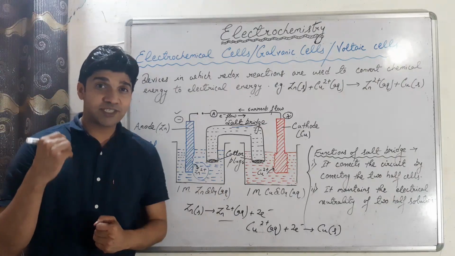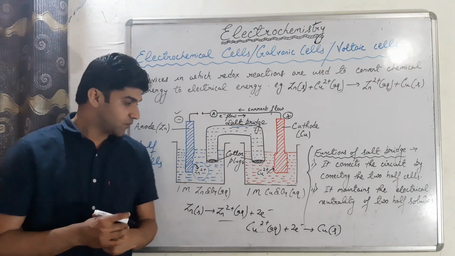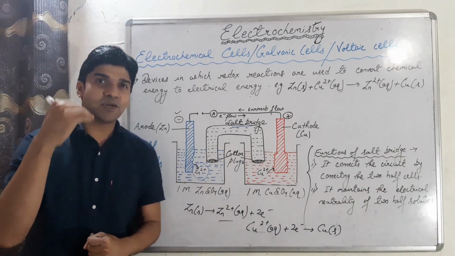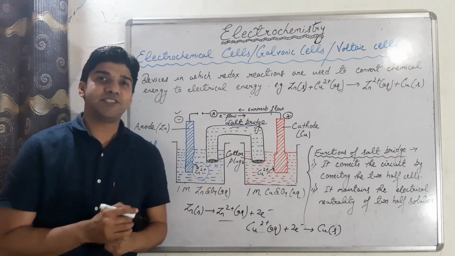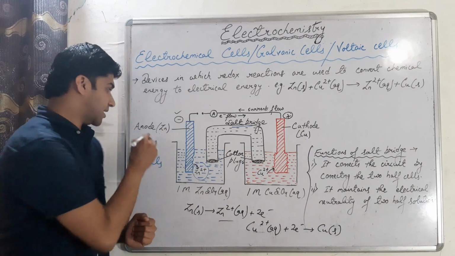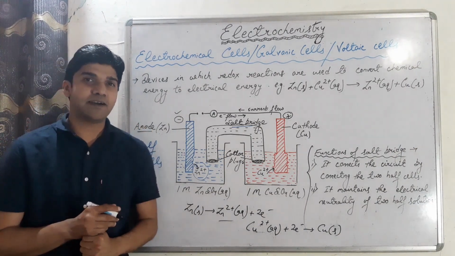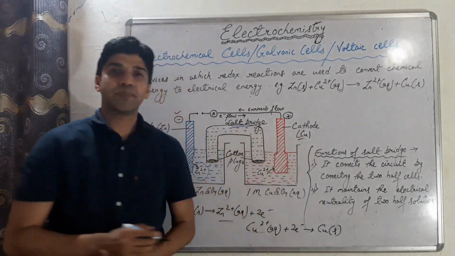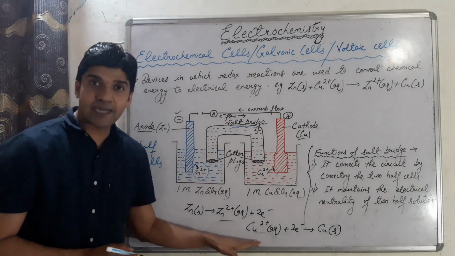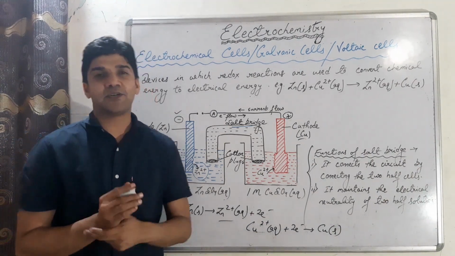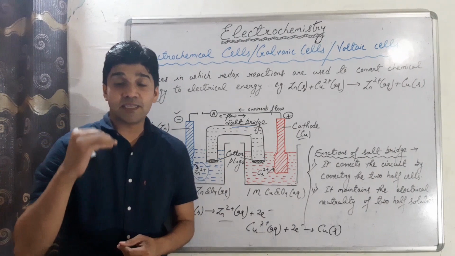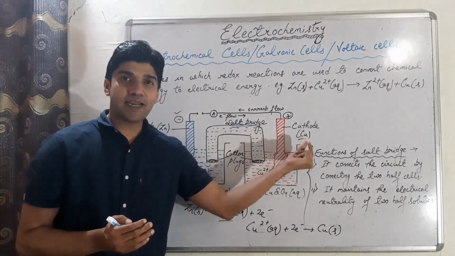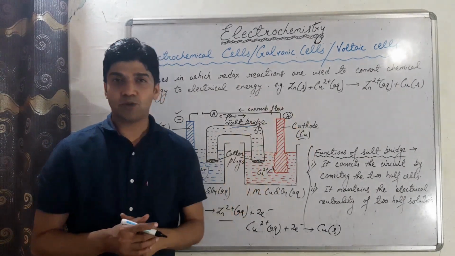Clear? So the zinc electrode, where we have loss of electrons or oxidation occurs, that zinc electrode is called anode, where we have oxidation. The copper electrode, where copper ions gain electrons or the process of reduction occurs, that copper electrode is called cathode.